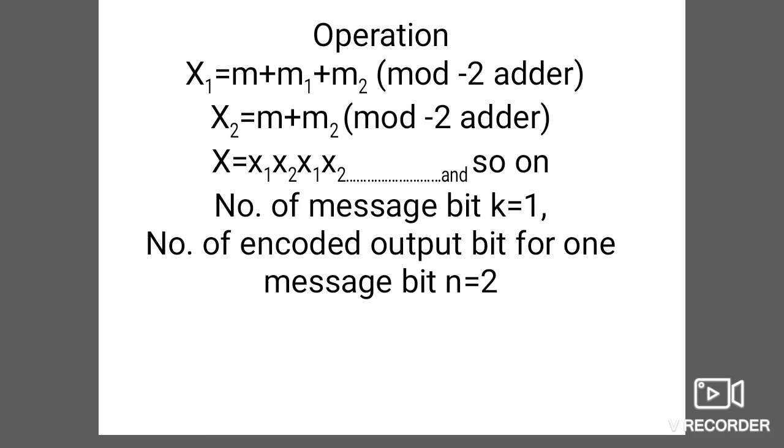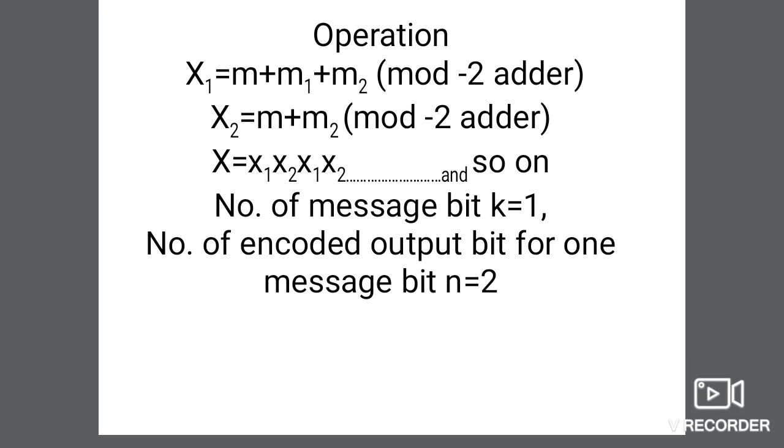The current bit is present in m, so we can write x1 is equal to m plus m1 plus m2, mod-2 addition, and x2 is equal to m plus m2, mod-2 addition. x1 is the combination of m, m1 and m2, and x2 is the combination of m and only m2, not m1.